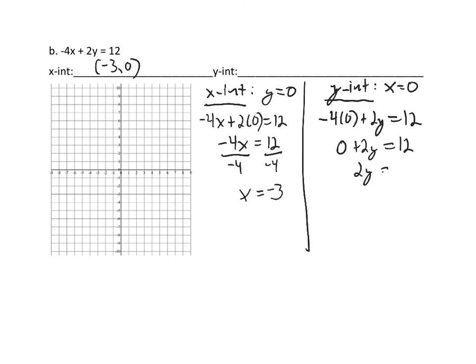So if 2y equals 12, then we know y equals 6. The y-intercept is going to be 0, 6. So now we've got our intercepts and we can make our graph. Negative 3, 0 and 0, 6. We've got our two intercepts. And we connect them, we get the graph of the line.